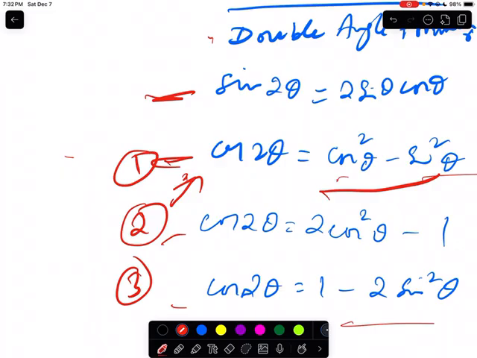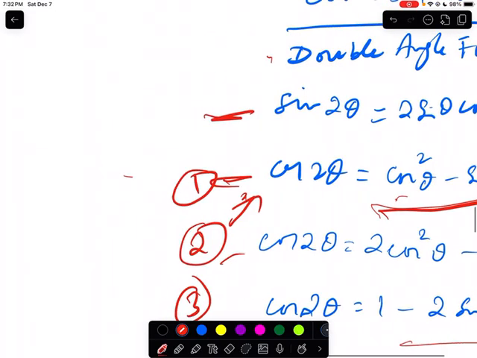I don't want the square of sine because that's not going to help me. So you can start there, but then you will have to convert the sine square term into 1 minus cosine square. So you end up getting this second expression.